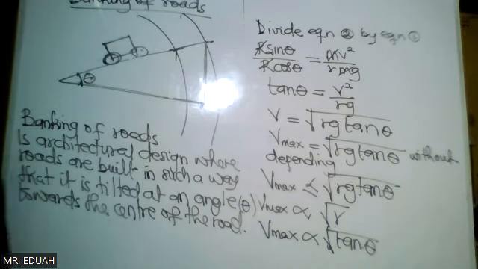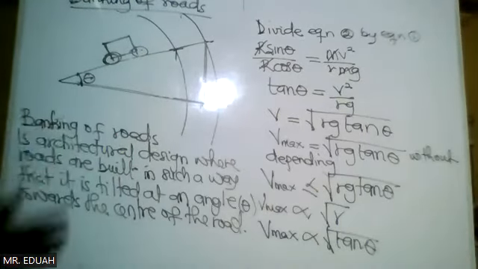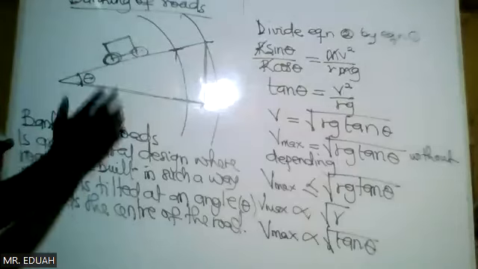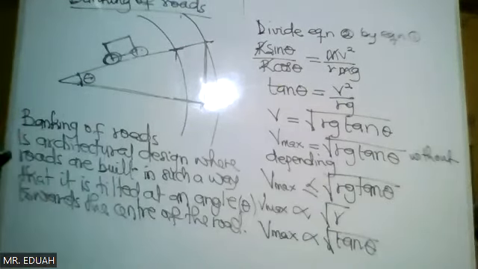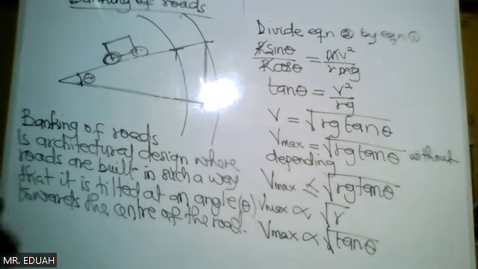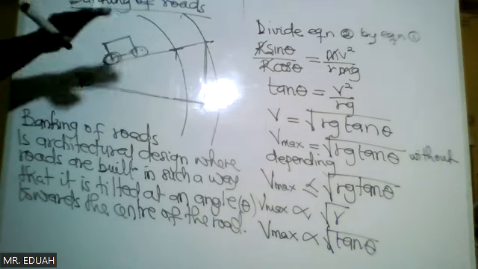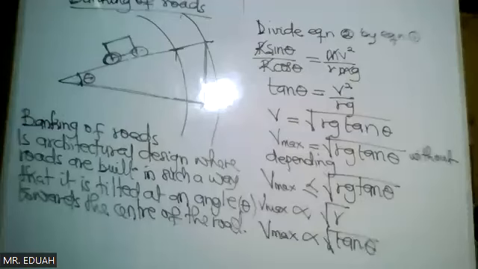So in our next lesson, we'll look at what also provides the centripetal force. Yes, it is still the R sine theta, but how does it go with cars? When there is friction, when there is no friction, how does it go? And how is the maximum velocity or speed calculated in each case?